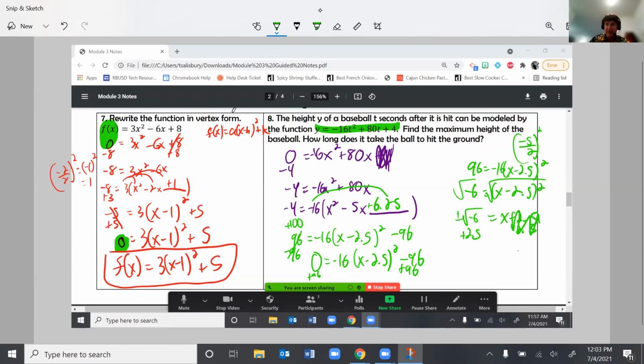Now, the thing about this is we can't have a negative time. We can't go backwards in time. So we only actually end up with one answer, and it's going to be whatever the positive answer for this is. So we will actually plug this in a calculator now. So we'll say, okay, 2.5 plus the square root of 6.